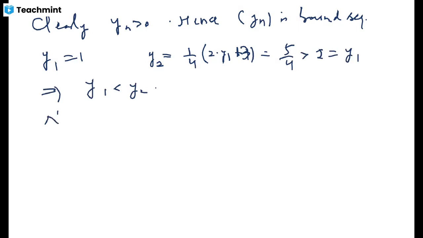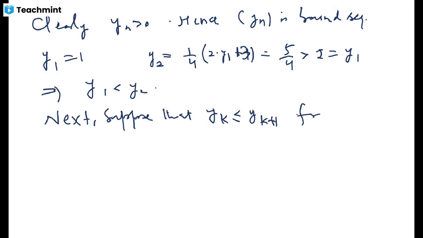Next, let us assume the induction hypothesis, that suppose yk is less than yk plus 1, or less than or equal to, that's sufficient, for some k. Then what happens, obviously it is strictly, we don't have equality, and this implies that 2 times yk is also going to be strictly less than 2 times yk plus 1.